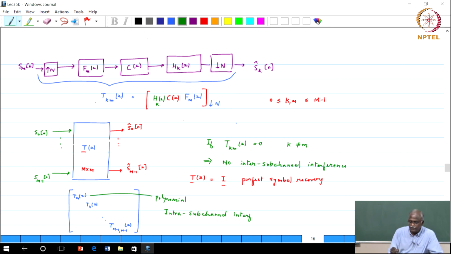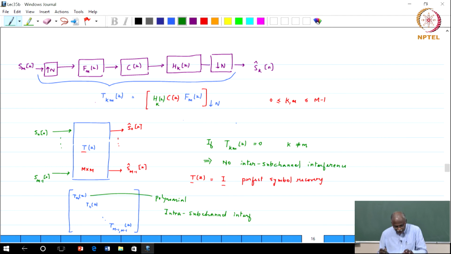So, we know that this configuration can be simplified, and that it is going to give us an LTI system, and the transfer function of the LTI system is given by Hk followed by Ck, C of z, followed by Fm downsampled by N. Given this, we could then write down a matrix transfer function between the whole set of inputs and the whole set of outputs, and we related the properties of T of z to the two types of interference, interblock and intra-block.